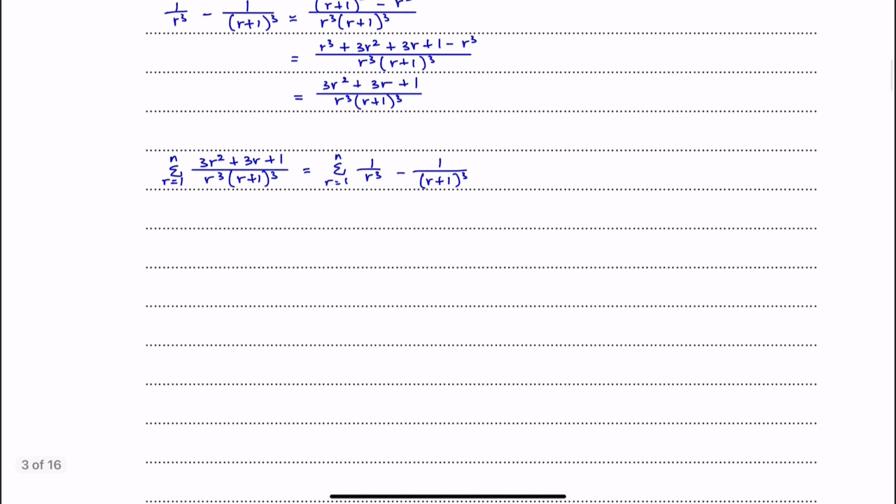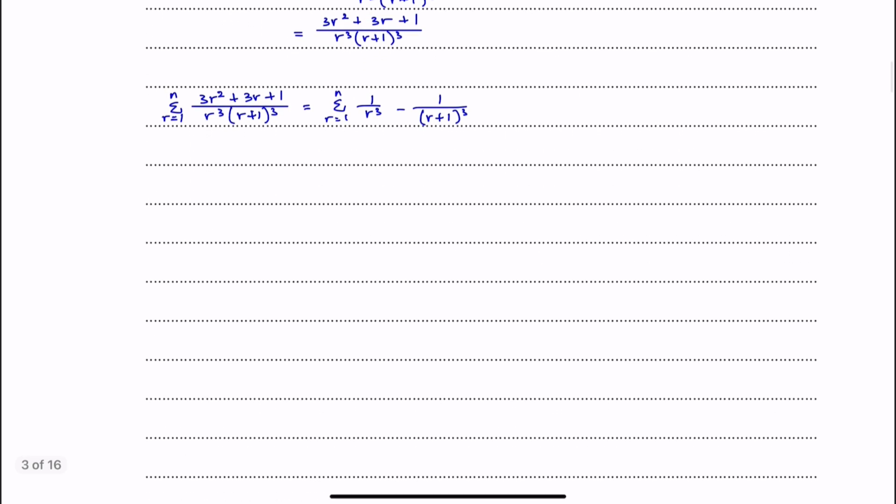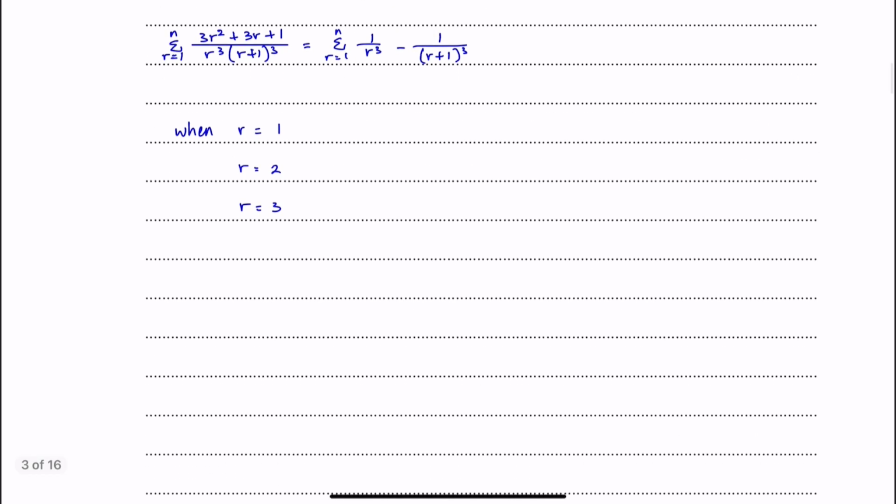Alright. So for method of differences, we just need to start from r equals 1, followed by r equals 2 and r equals 3, and after that we can jump to r equals n minus 2, r equals n minus 1, and r equals n.